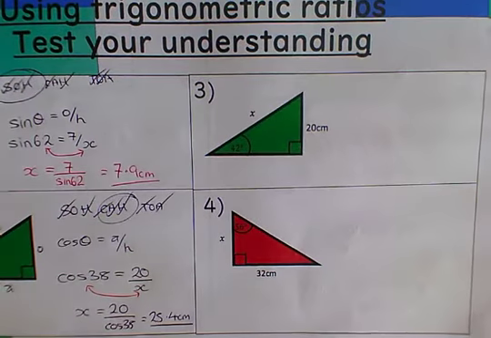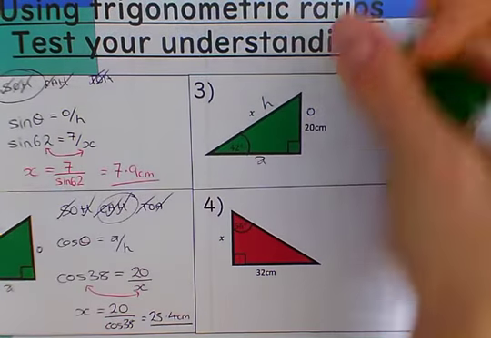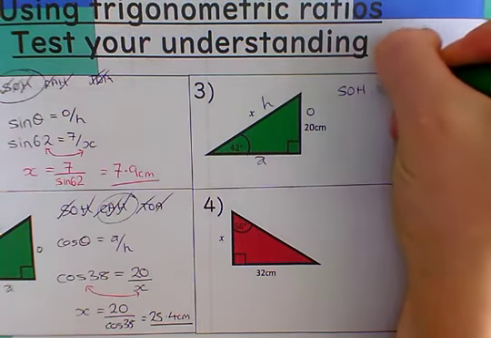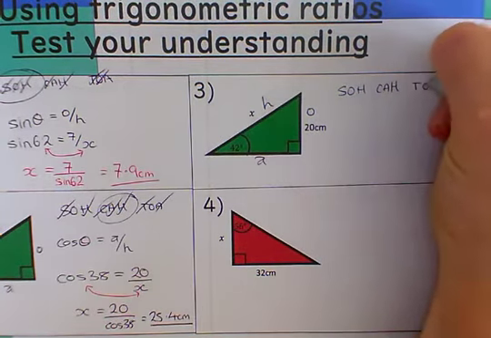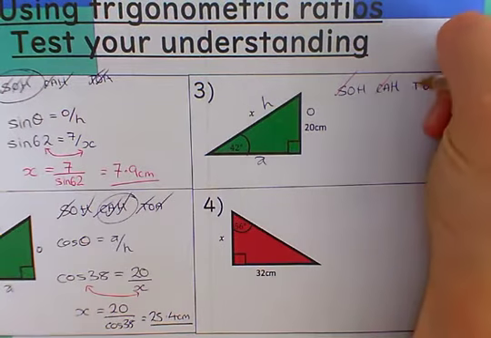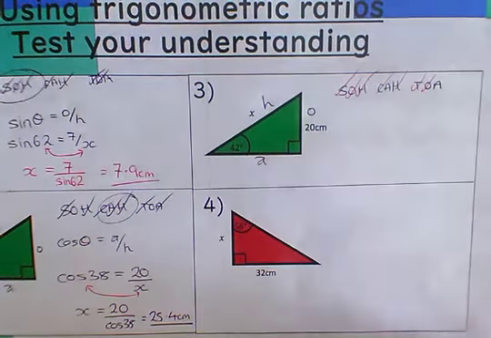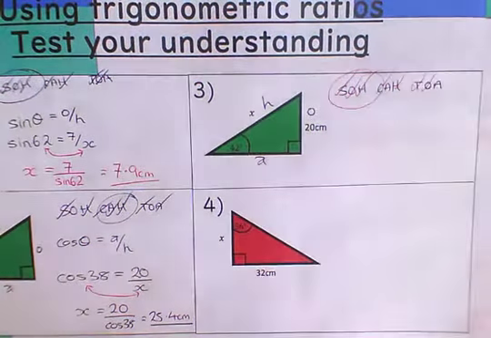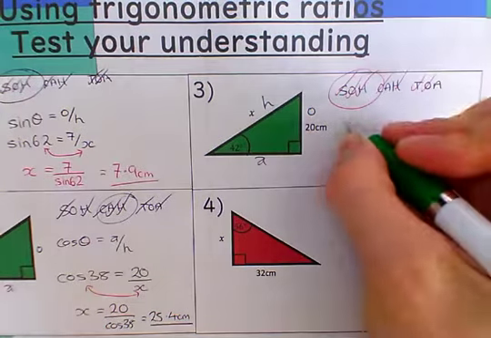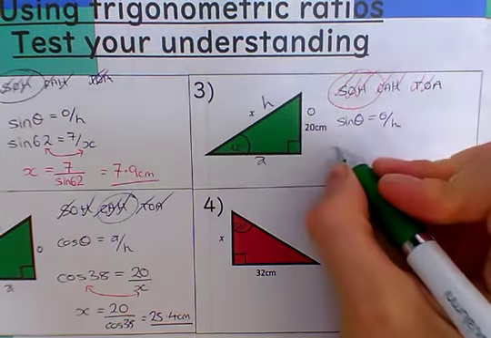Question 3, label the sides, so opposite, hypotenuse and adjacent, write out SOHCAHTOA. And ticking off what we know, again we know the angle, we know the opposite, and we're looking for the hypotenuse. So in this instance, I'm going to need to use sine again. So sine of the angle is opposite over hypotenuse.